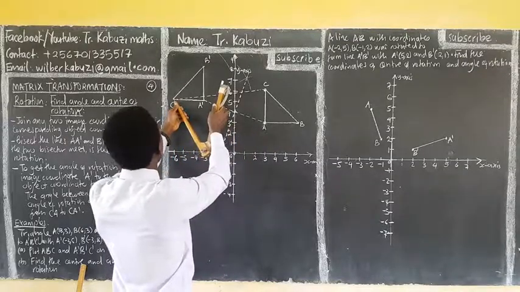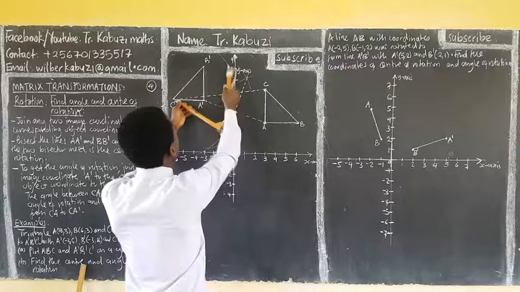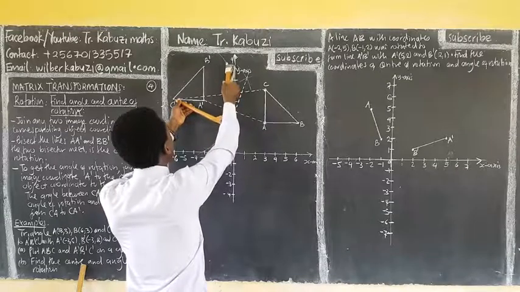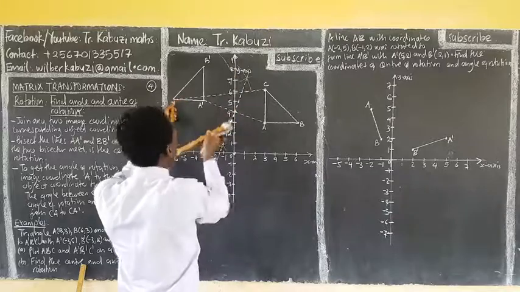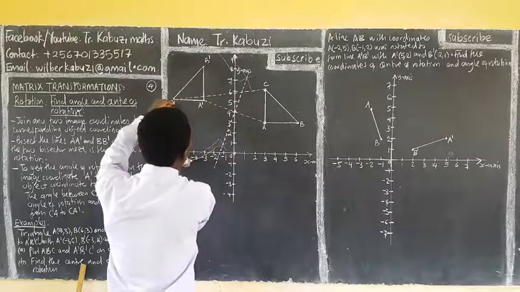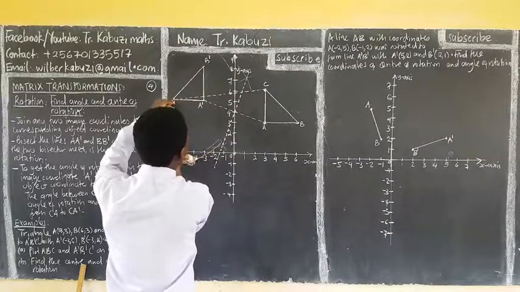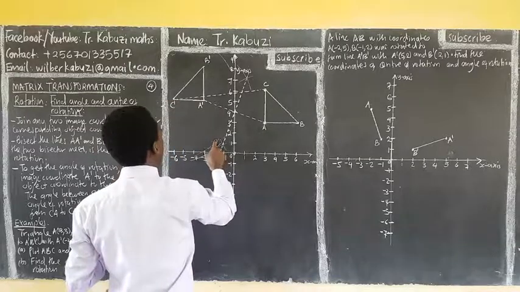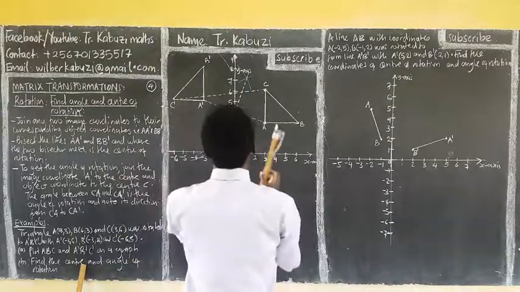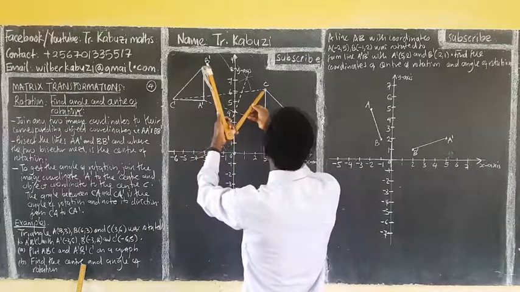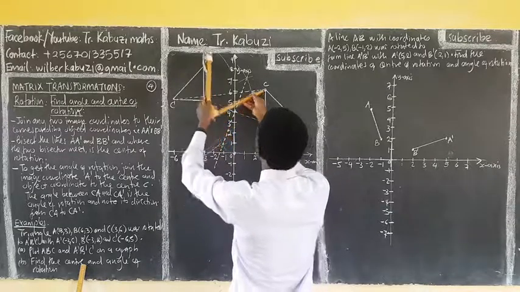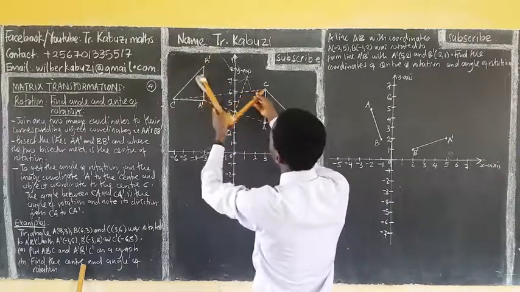Okay, so you should make sure that your compass is firm and doesn't change when you are drawing. So draw there, then I come and draw another arc down there. Then I come to this C and draw it. This is where my arc is.